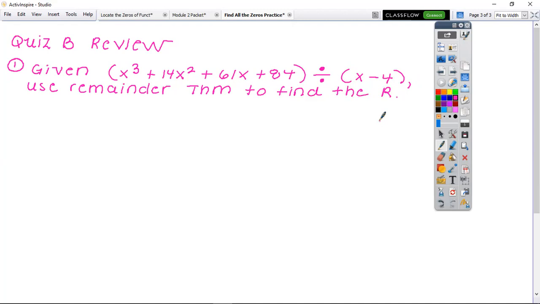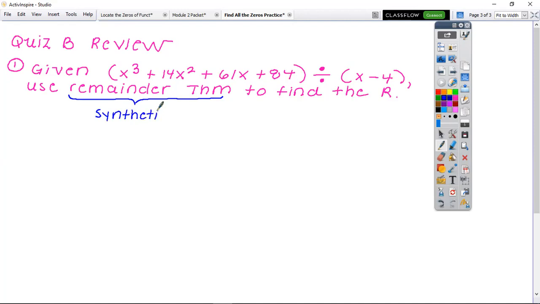I'll just say R. So this is a division problem. The remainder theorem is division. What type of division works best with this scenario? Synthetic. Yep. So when you see remainder theorem, I want you to do synthetic division.